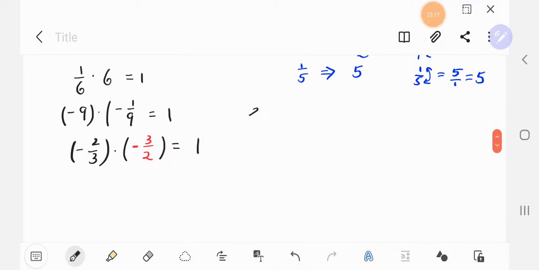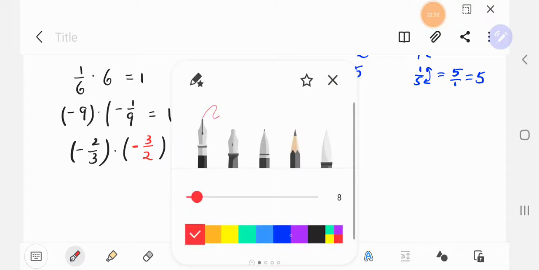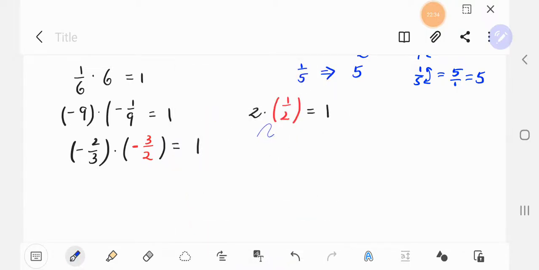So you have 2, right? Then what should you multiply so that it becomes 1? You need to multiply 1 over 2, the reciprocal of 2. Try more. How about you have 3/4? Then what do you multiply to make it 1?